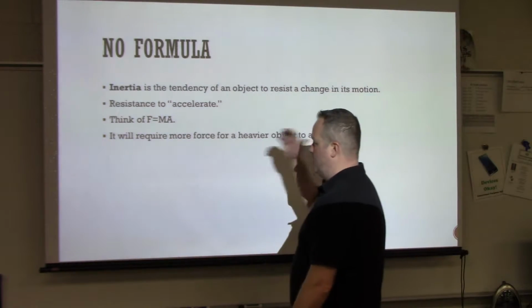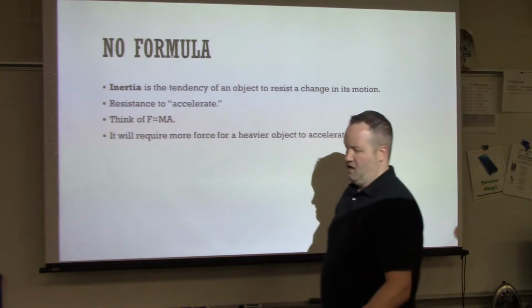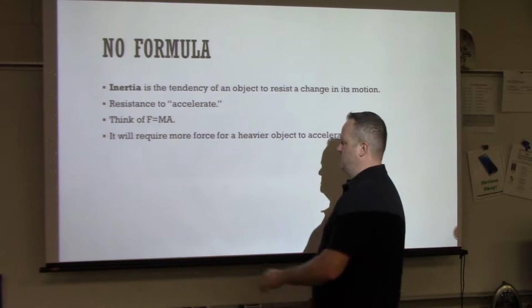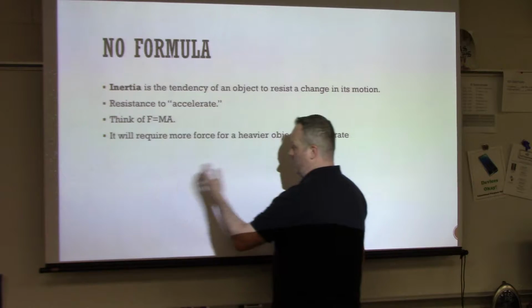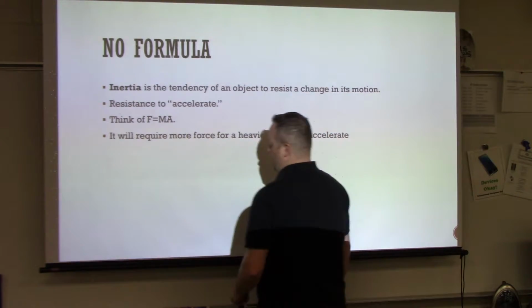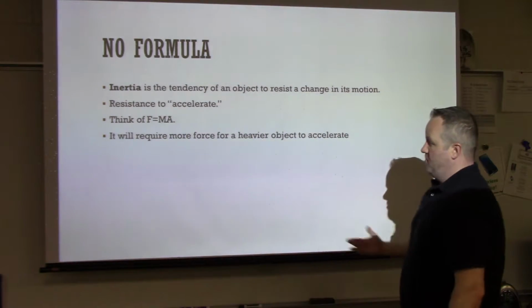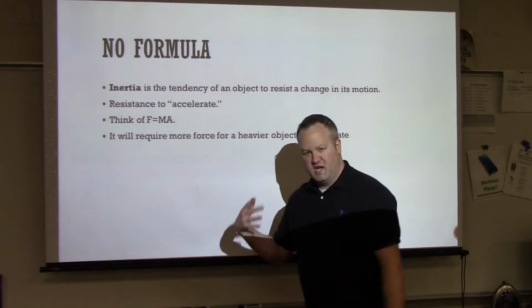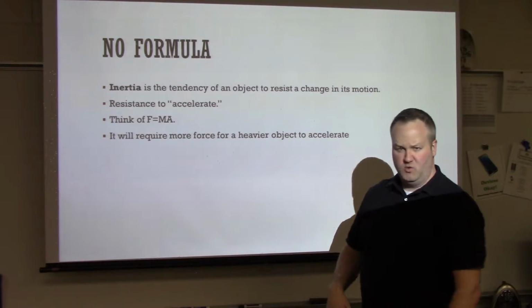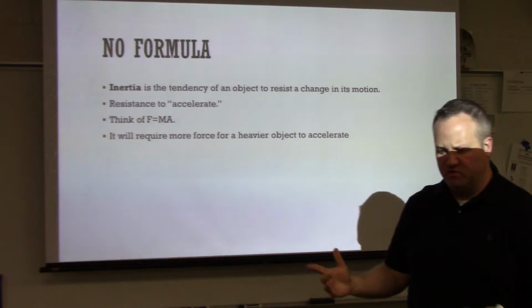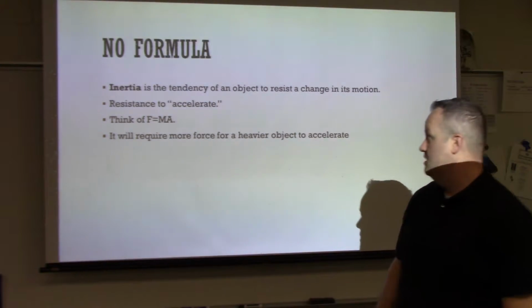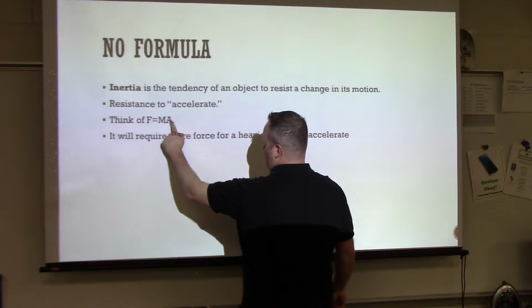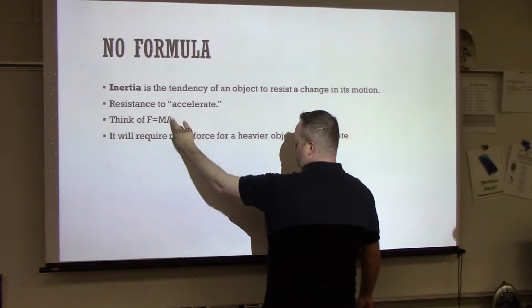So when you're thinking about this, think about F equals ma. The reason I say that is because this is the only formula that we really use that involves mass. If we were going to throw some numbers out there, what if I had 20 newtons of force applied to a 1 kilogram object? Well, 20 times 1 is 20, so my acceleration would be 20.